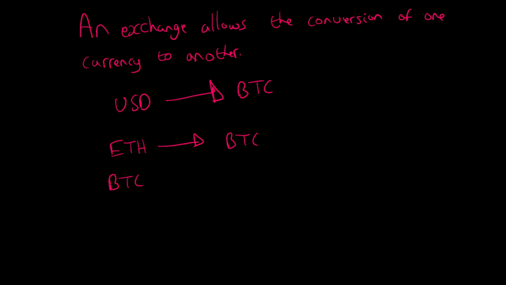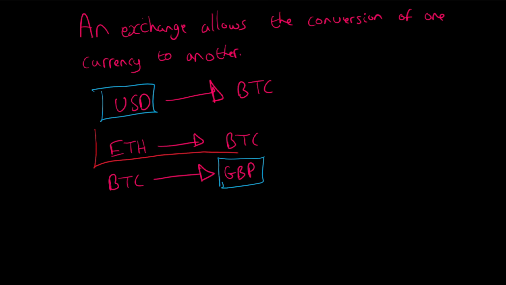Whether it is Bitcoin to, let's say, Great British Pound. So we have two use cases going backwards and forwards with conventional fiat currency. We have a use case where it is just purely from one cryptocurrency to another. So this is essentially the use cases of a cryptocurrency exchange.